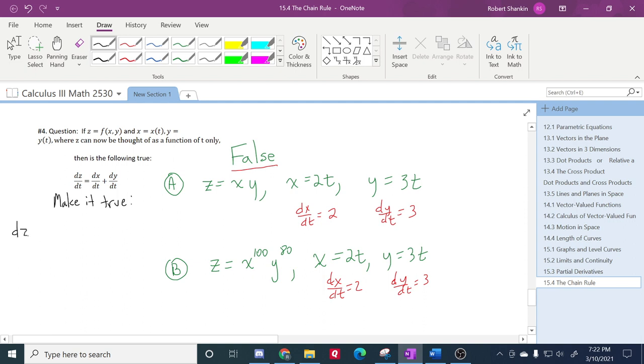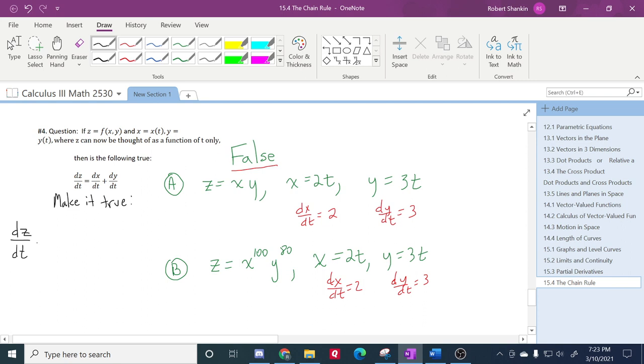dz can be thought of as a function of t only, because you could replace x with x sub t, with just t's and y's with just t's, and then z would be a function of just t.